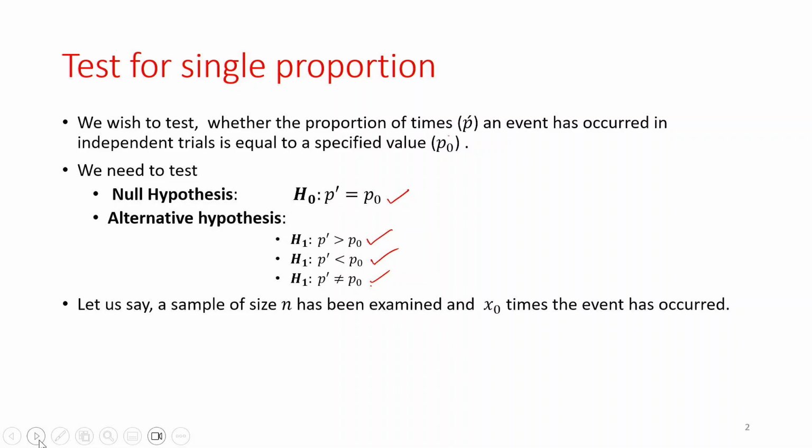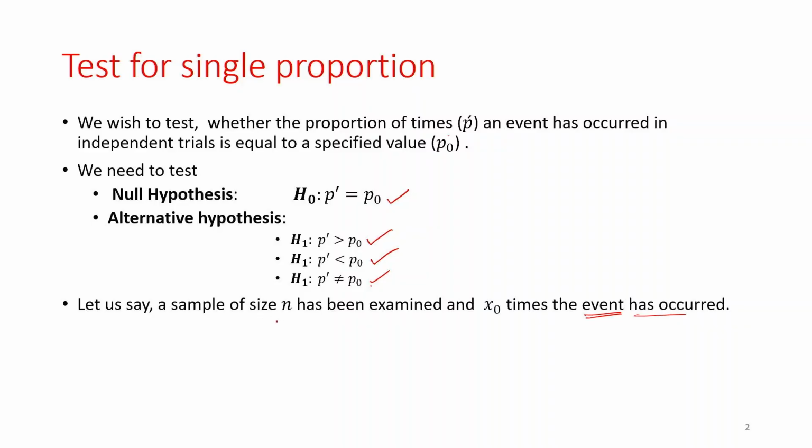Let us say a sample of size n has been examined. It could be shirts, and x0 times the event has occurred. The event in this case could be some kind of faults, button missing or misstitch or anything, the way a shirt can be defined as a faulty shirt.